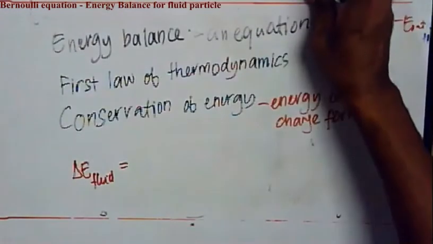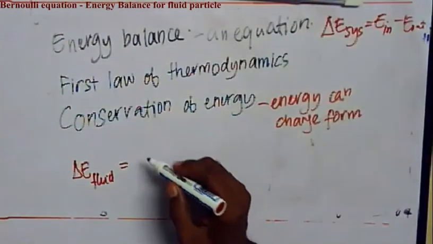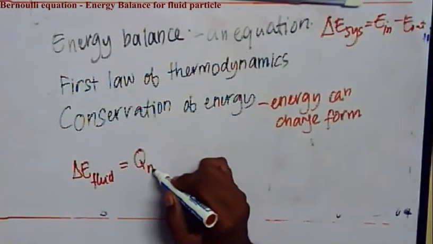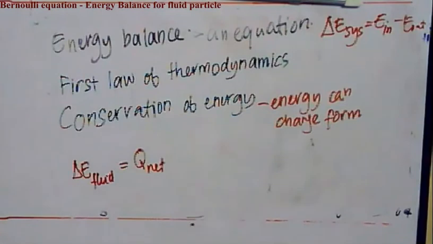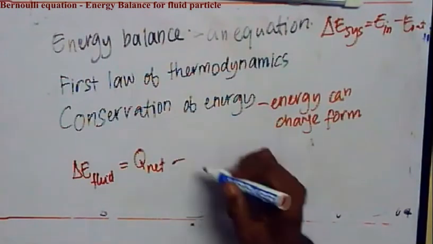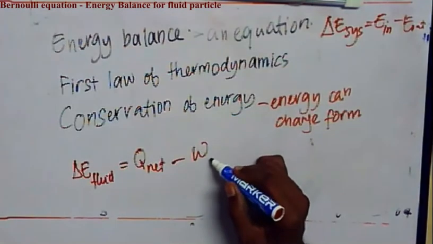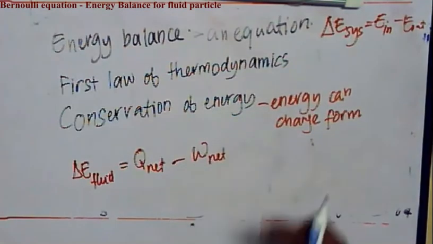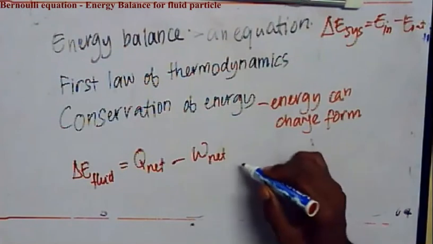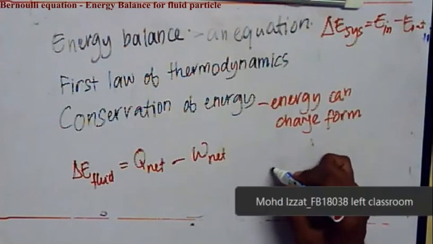Right, so we have Q net, heat addition minus heat loss, plus work done on the fluid. There are various forms of work, and some of them include expansion of the fluid.